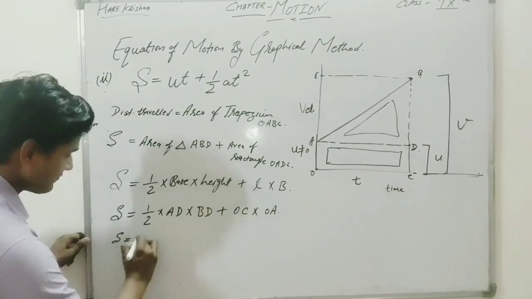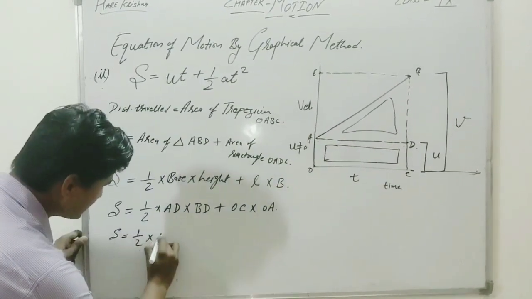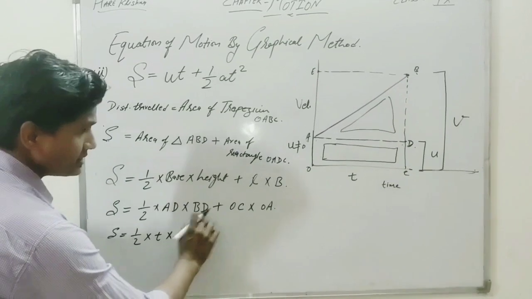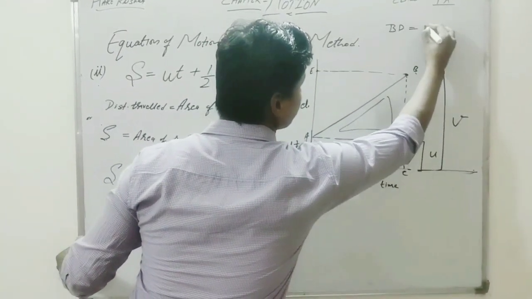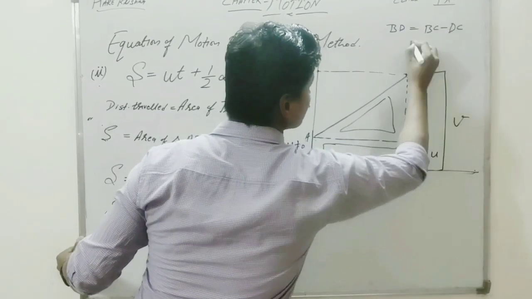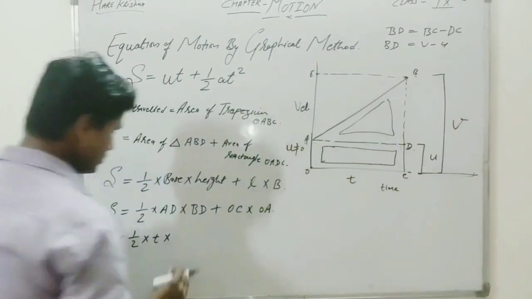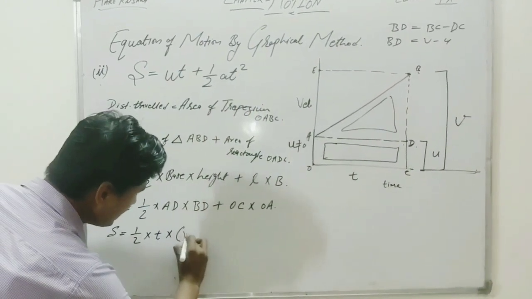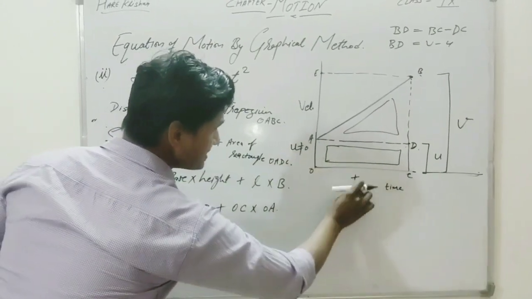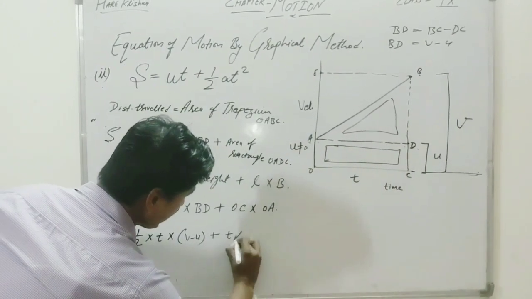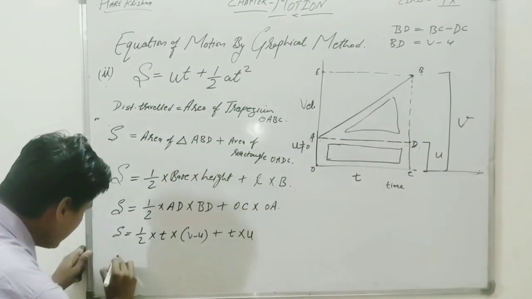Now according to the graph we can see AD is on time t, so we can write it t into BD. BD can be written as BC minus DC or V minus U. So BD is equal to V minus U, plus here OC is time and OA is U.